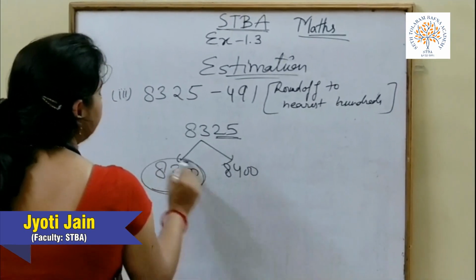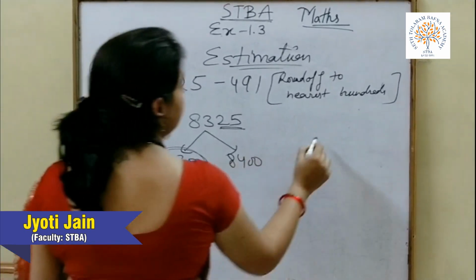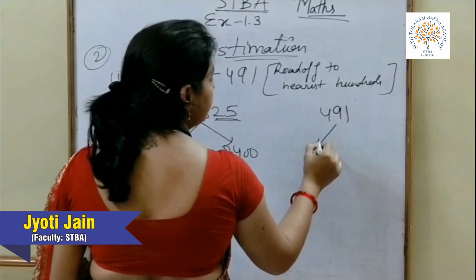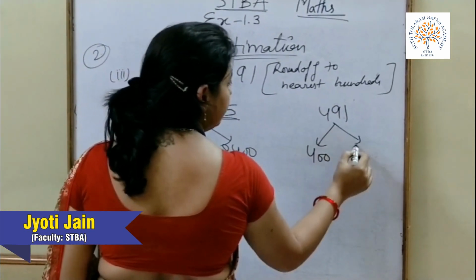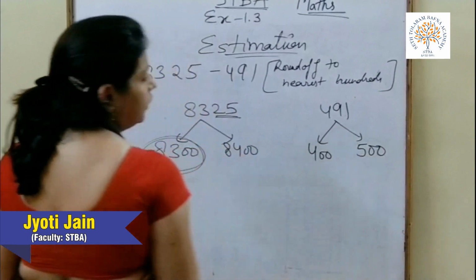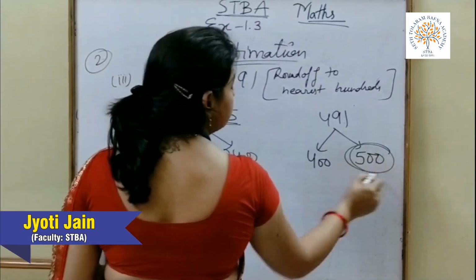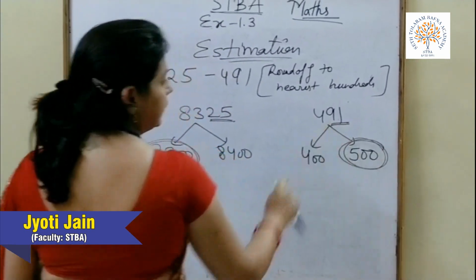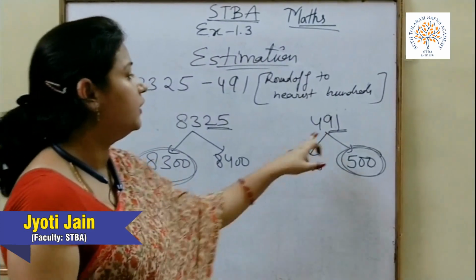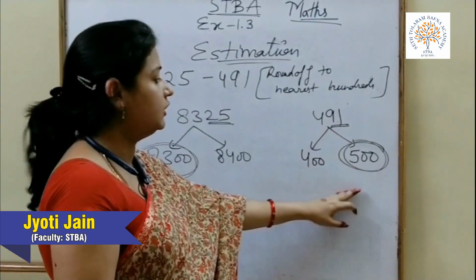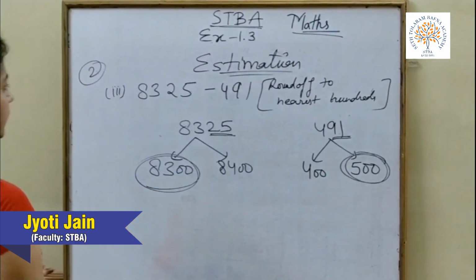So it will be converted into 8,300. And next number is 491. The hundreds are 400 and 500, and the nearest one is 500. The last two digits here are 91, and 91 is greater than 50, so it will be converted into 500.